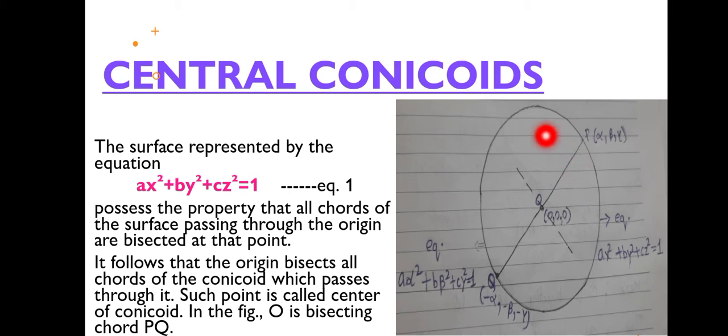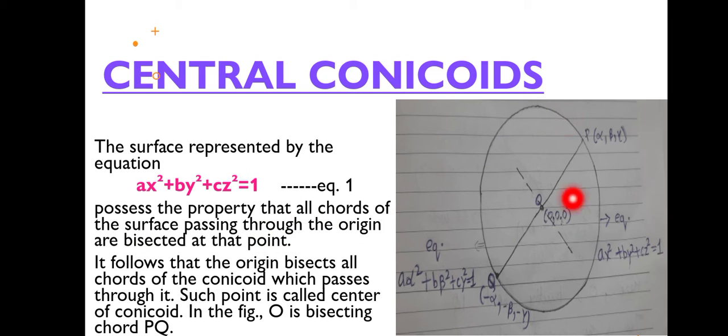And here you can clearly see that the center bisects the chord, and therefore this is the property of the central conicoid: the surface represented by the equation ax square plus by square plus cz square is equal to 1 possesses the property that all chords of the surface passing through the origin are bisected at that point.